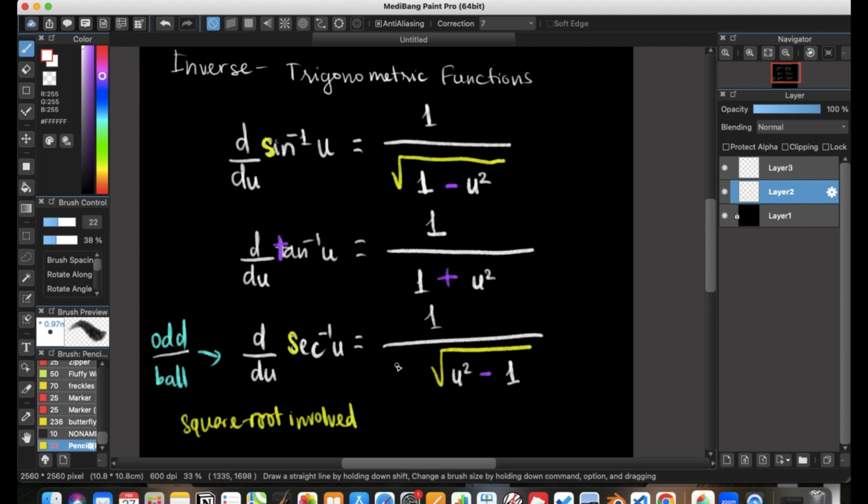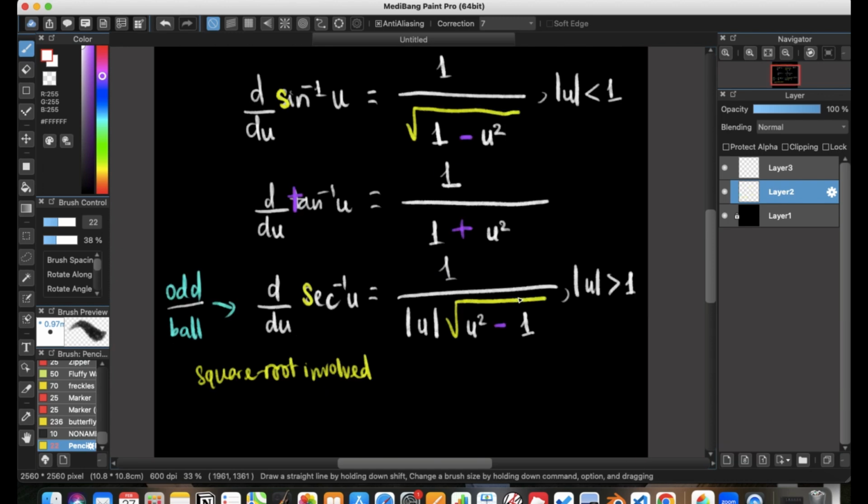And for this, we're going to add u here too, and make sure to take its absolute value. And as you can see, in order for this to be defined, we need the absolute value of u smaller than 1. And the opposite thing happens to this side here. And that's how I remember it.